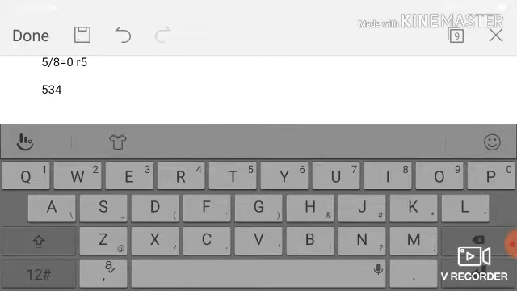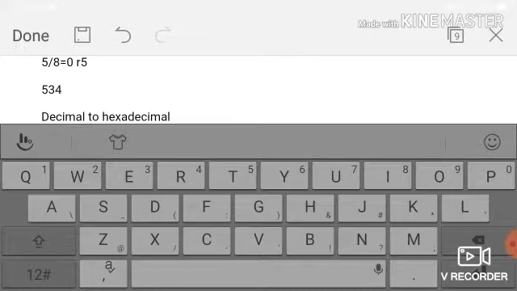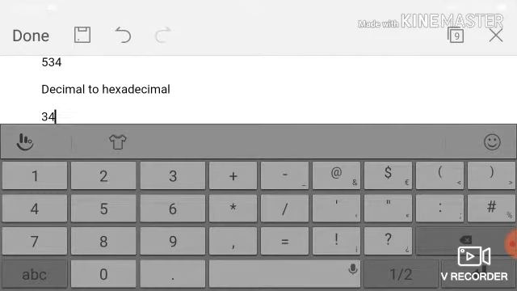Then let's proceed to decimal to hexadecimal. So we're going to use again the 348, and now we're going to divide it by 16.